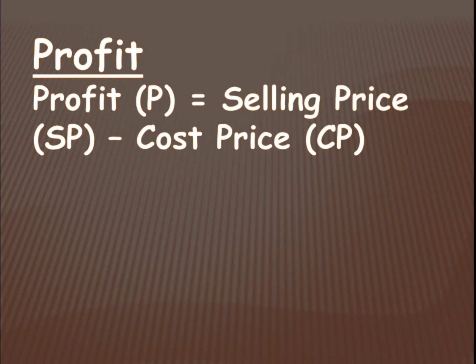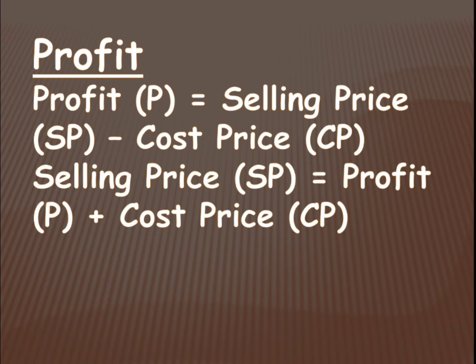Suppose sometimes they don't give us cost price, or they give you profit and cost price, and then they ask us to find the selling price. So in those cases, when profit and cost price are given, selling price SP will be equal to profit plus cost price.